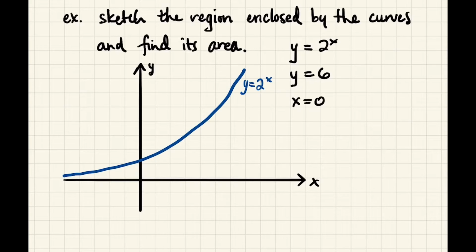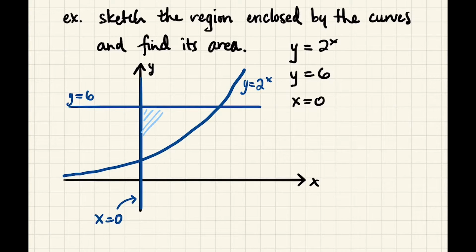And then the line y equals 6, that is a horizontal line. And the line x equals 0, that's a vertical line coinciding with the y-axis, which means that the region we're interested in is that guy right there.